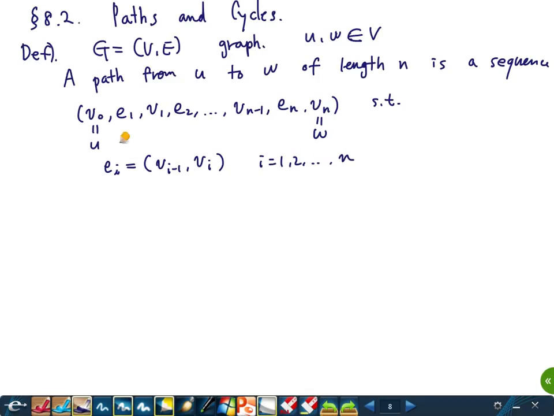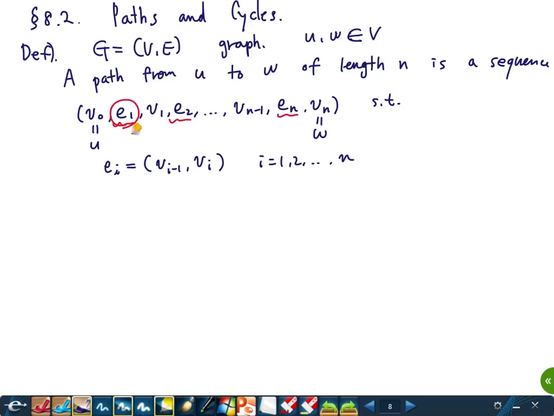So we have n edges, and each edge is between two vertices in the sequence. Okay?